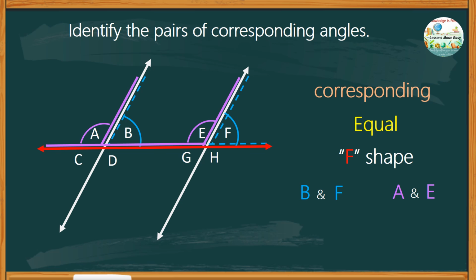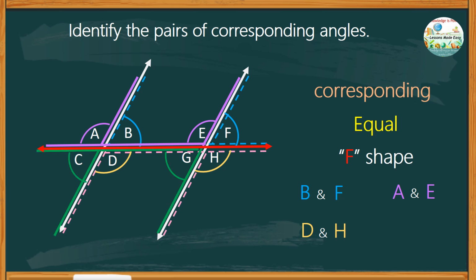Locate the F shape right there. So these two angles are equal, angles D and H. On the same side of the transversal, there's another F shape, and these two angles are also equal, angles C and G. In total, there are 4 pairs of corresponding angles.